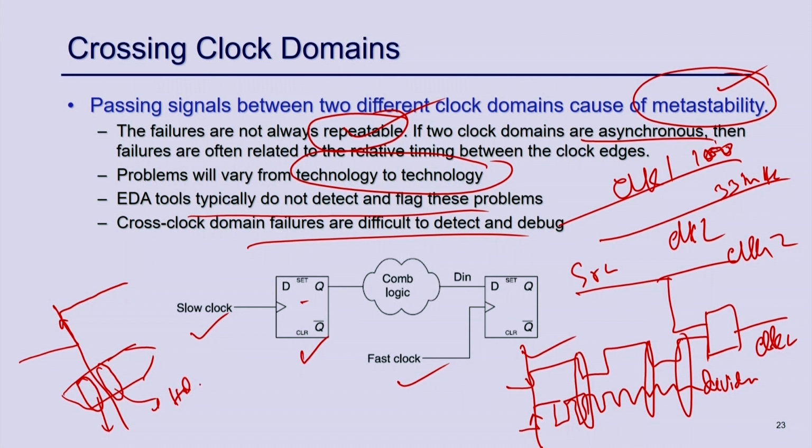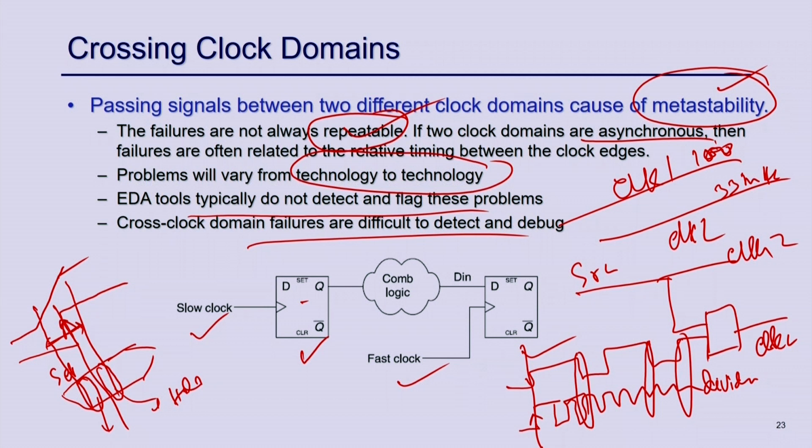This is hold and this is setup time, and if the data toggles in this period, this is the boundary. Even if the clock comes at this point, the data state does not change. But if your data state changes here, then what will happen? It changes from 0 to 1 or 1 to 0, and that causes the metastability.